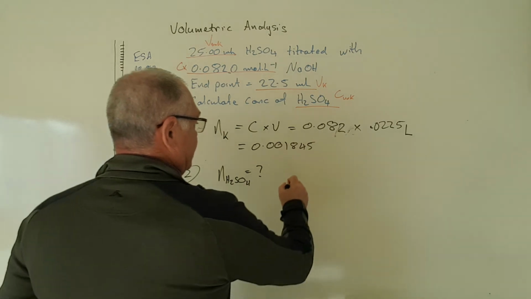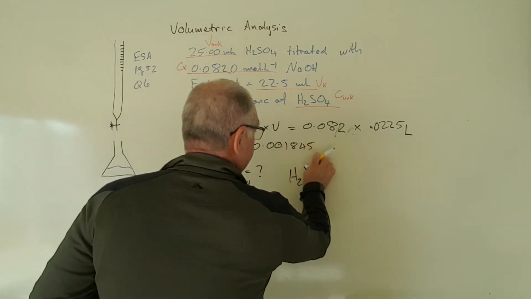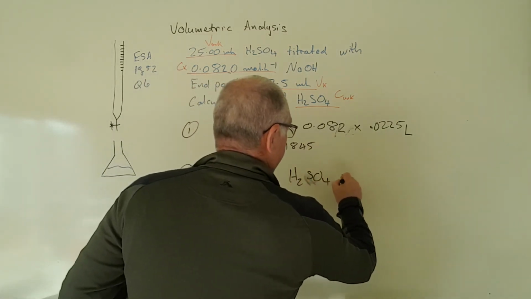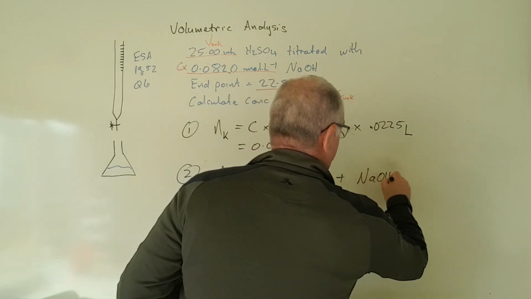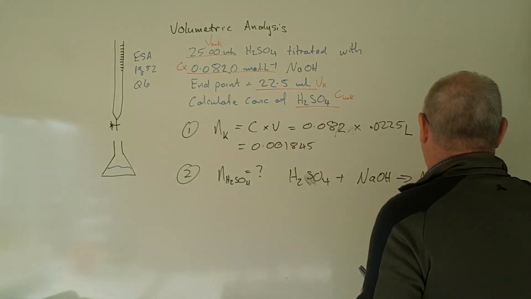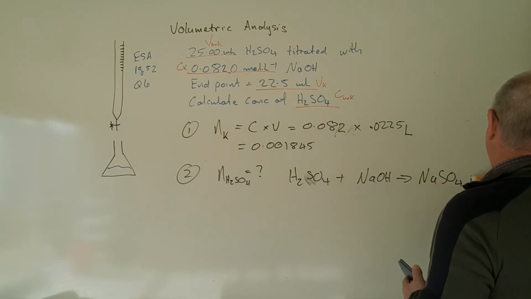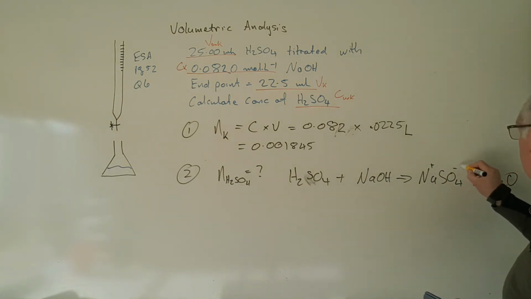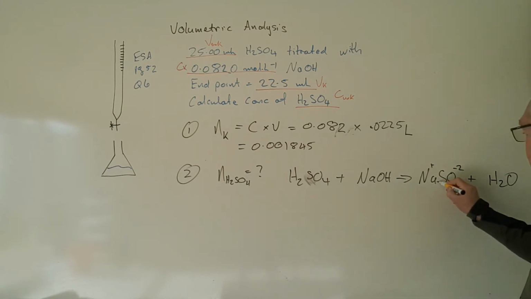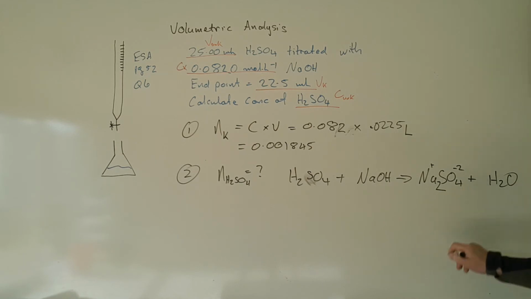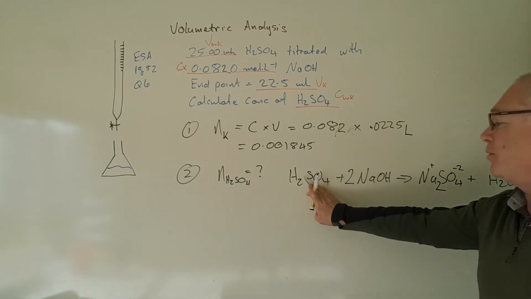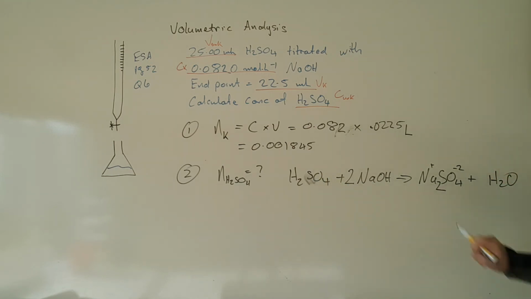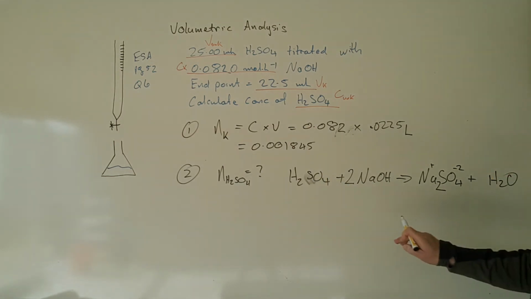the balanced equation. Sulfuric acid plus sodium hydroxide react together to give me sodium sulfate and water. Sodium is a +1 ion, sulfate is a -2, so I'm going to need 2 sodium ions to go with the sulfate. So I'm going to need 2 sodium hydroxides with the 1 sulfuric acid to give me the 2 sodiums.